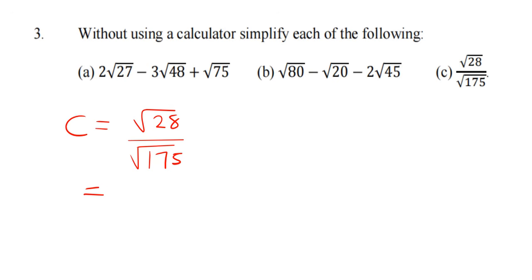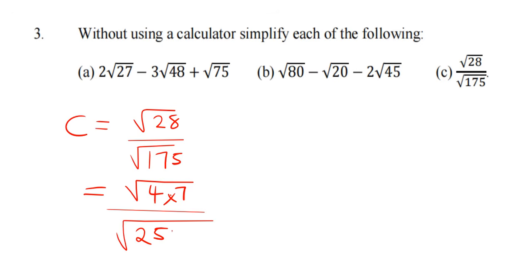So in this case I think 4 and 7 can do that. So I'm going to have square root of 4 multiplied by 7 over, let me just put a multiplication there to avoid confusion. Then for 175, it is going to be the square root of 25 multiplied by 7.